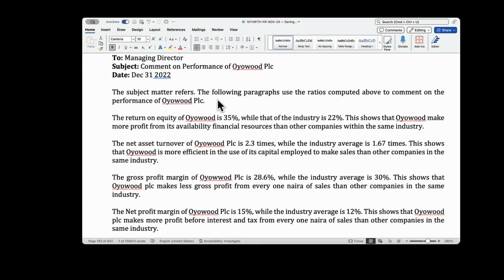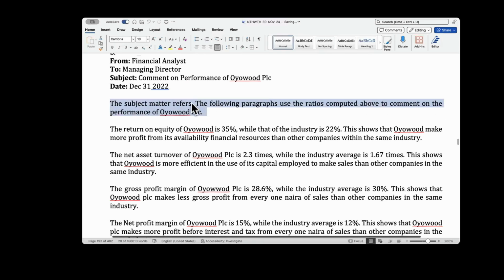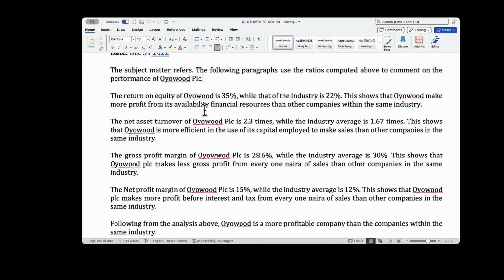However you want to do your introduction, a memo should introduce whatever you want to do before you start. I said the following paragraph: use the ratios computed above to comment on the performance of Oyo Wood. Then I start picking the ratios one by one. You will see the same pattern that I use in analyzing. Whatever exam I see on ratio, this is how I will analyze it.